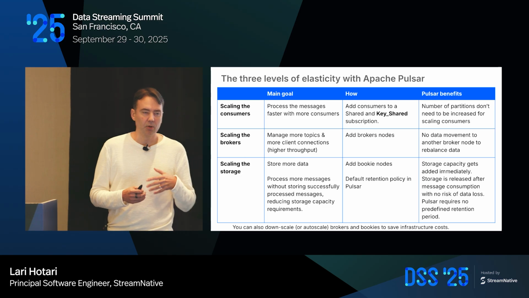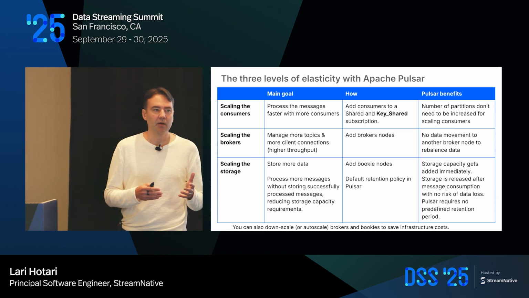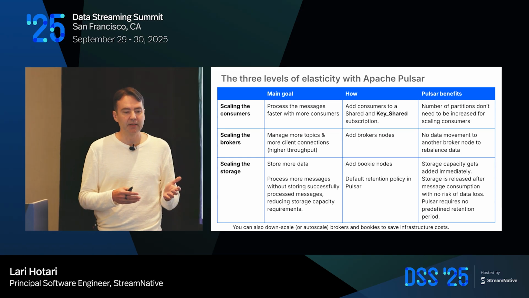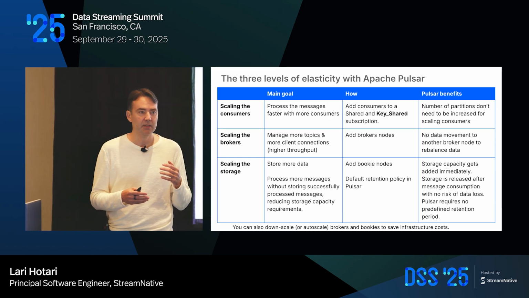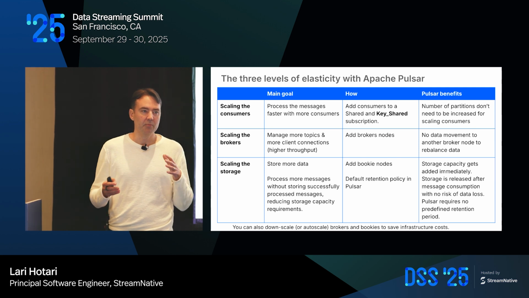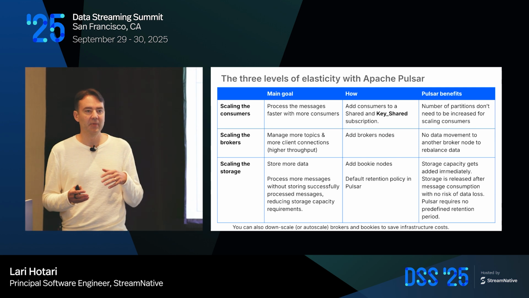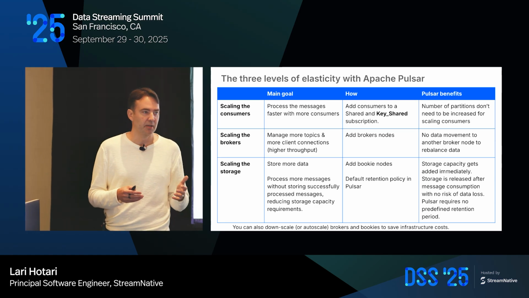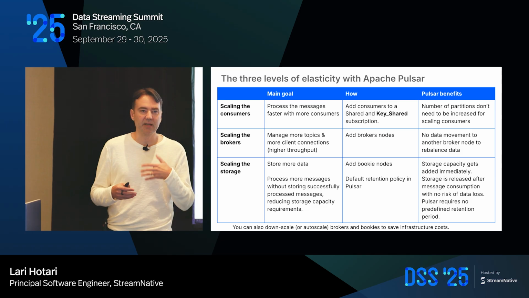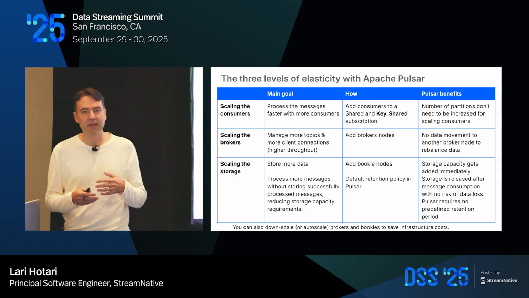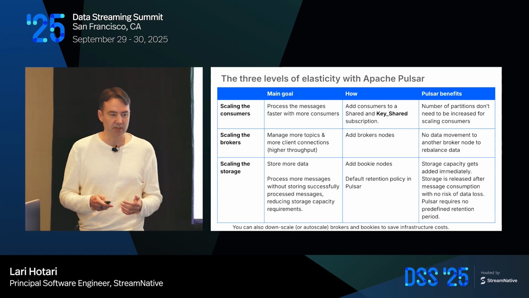And one mentionable property of Pulsar, also in the storage area, is that by default, Pulsar's retention policy is such that the storage space is released after all the messages have been acknowledged in the subscriptions on a topic. So in that way, your intermediate topics don't have to retain the data for fixed periods of time.